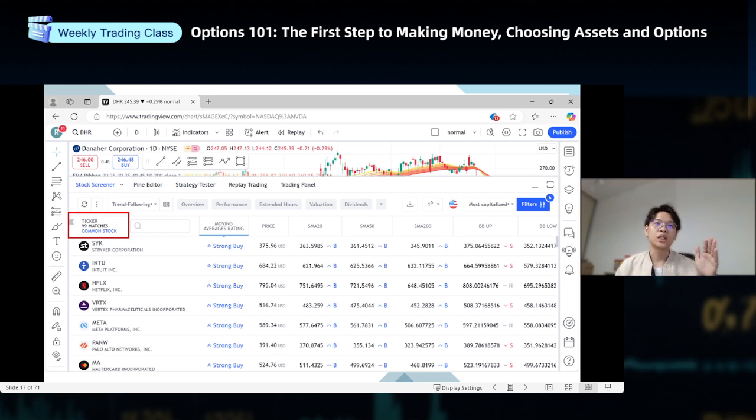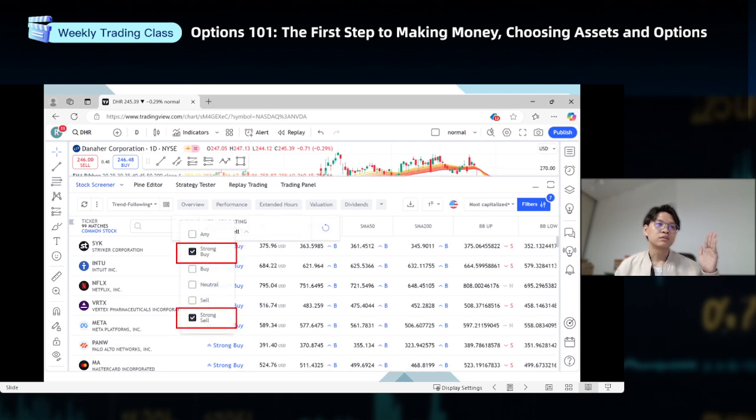So we will just put in more filters, which means fewer options. Okay. And in this case, for the 99 matches, we need to have a very clear direction. So we will put a filter on the moving average rating into only strong buy and strong sell.